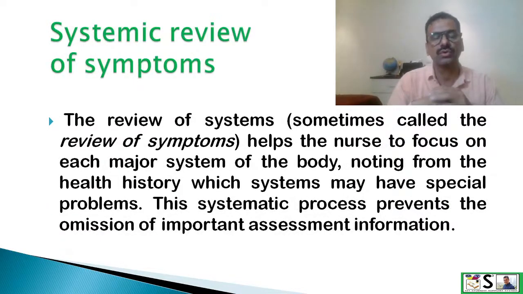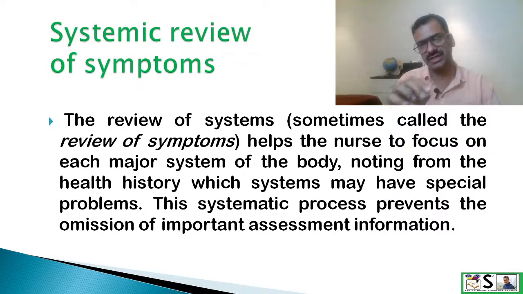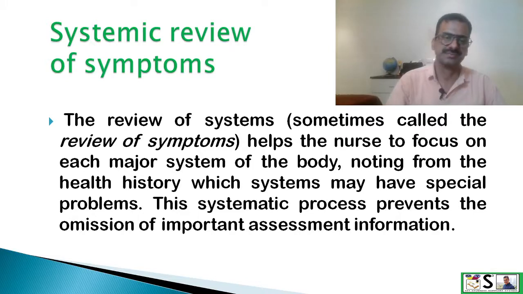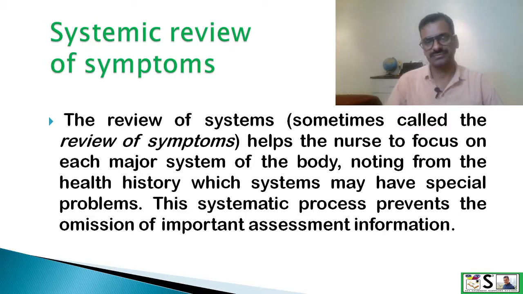Then we go for systemic review of the symptoms. Finally, we go for review of the symptoms. The review of symptoms or review of system in terms of symptoms helps the nurse to focus on each major system of the body, noting from the health history which system may have special problem.